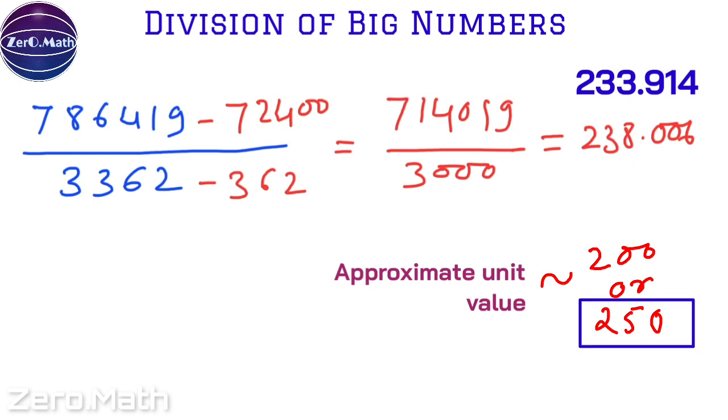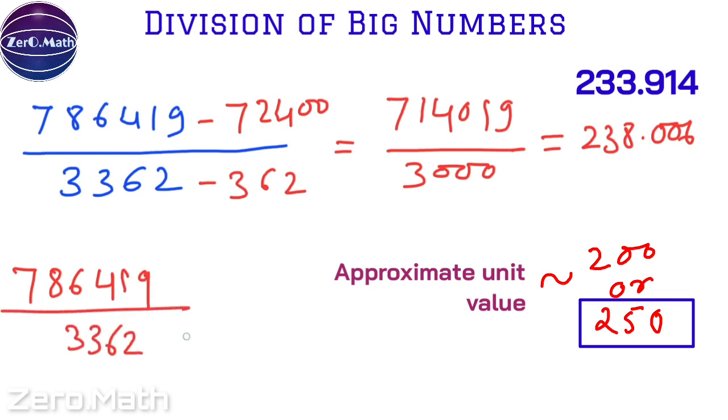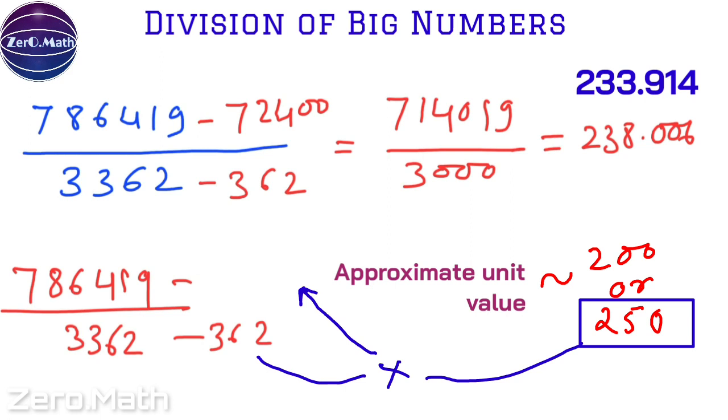Now let's try to use the approximate unit value as 250 and try to figure out what the answer is. So 786419 over 3362. Okay, so let's subtract 362 from the denominator and 362 times 250 from the numerator.